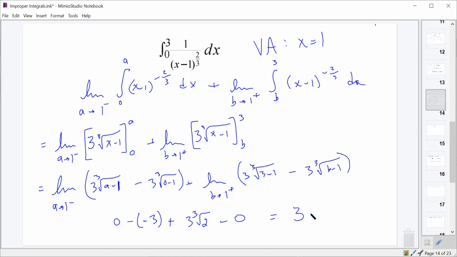So that gives us 3 plus 3 cube roots of 2. Everybody okay with that or no? No questions?